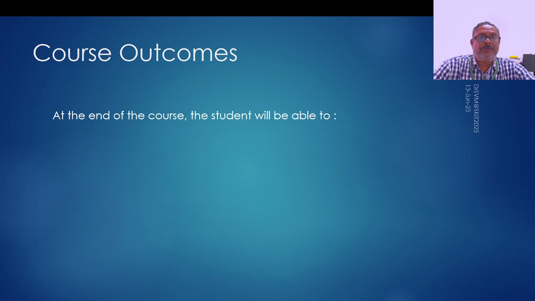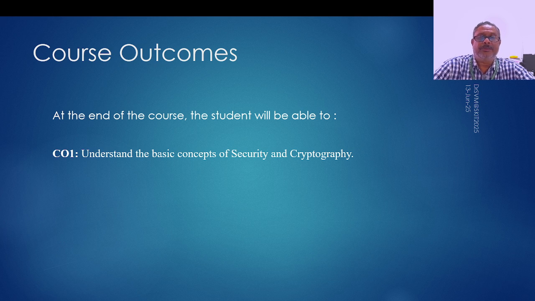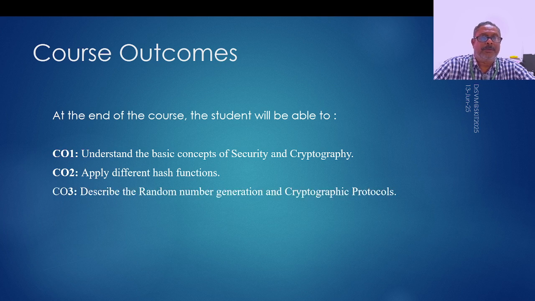The course outcomes: at the end of the course, the student will be able to understand the basic concepts of security and cryptography. Secondly, the student will be able to apply different hash functions for security purposes. They will be able to describe random number generation and cryptographic protocols. Random number generation is one of the key aspects of cryptography.